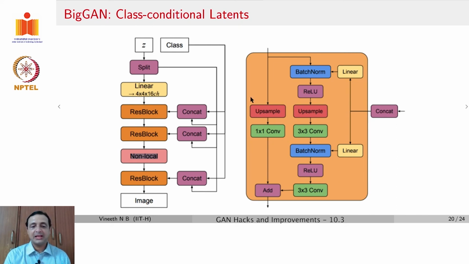What is done inside each of these residual blocks? The concatenated class label vector passes through a linear transformation, two different linear transformations in fact, which is given to the two batch norm layers inside each of these residual blocks.